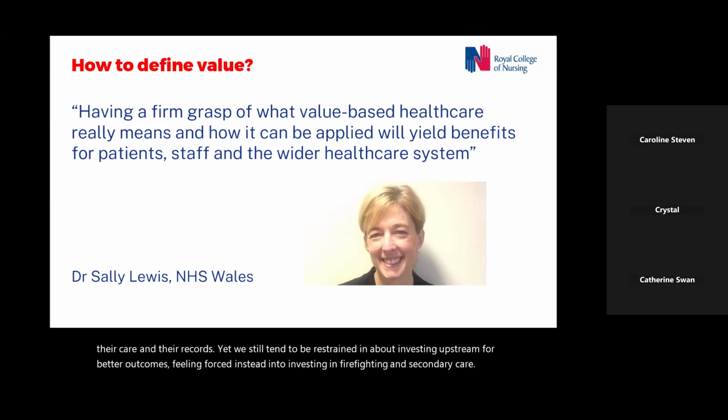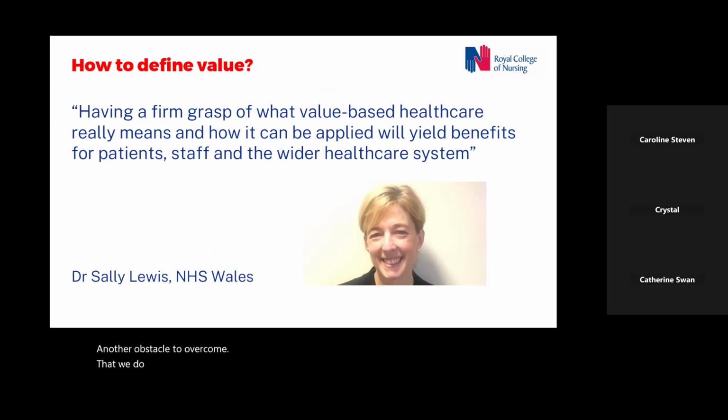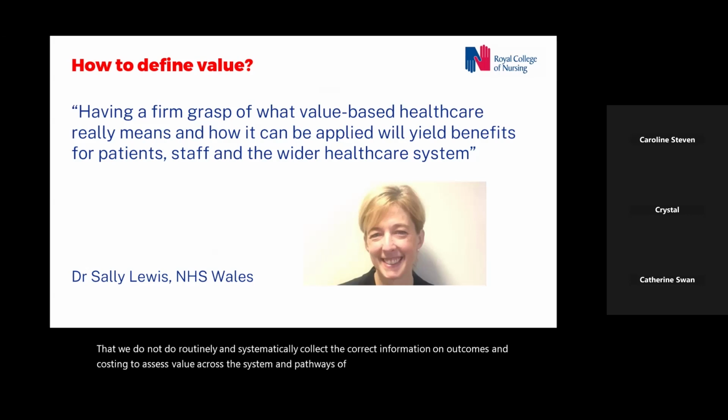Another obstacle to overcome is that we do not routinely and systematically collect the correct information on outcomes and costing to assess value across the system and pathways of care. Neither are we yet fully capitalising on digital enablers to change the way in which people can access and communicate with their clinical teams, as well as participating in and directing their own care.